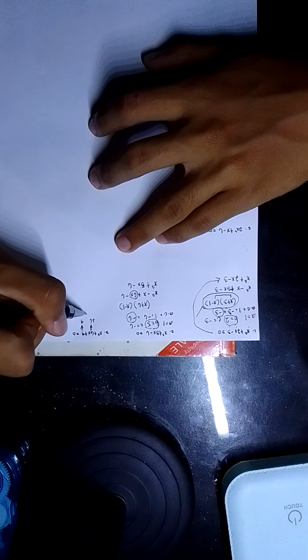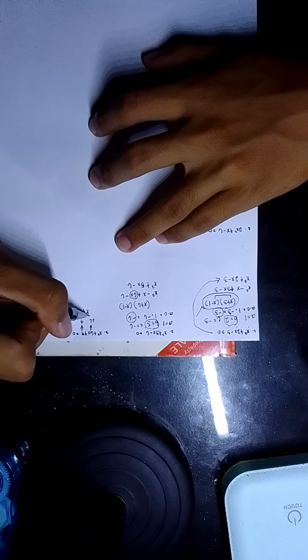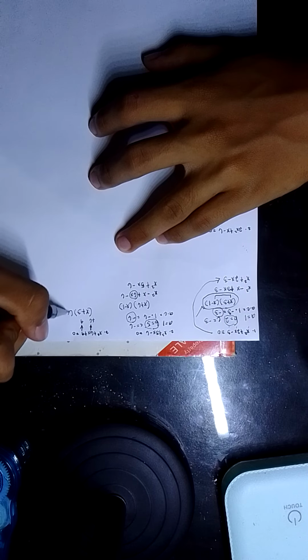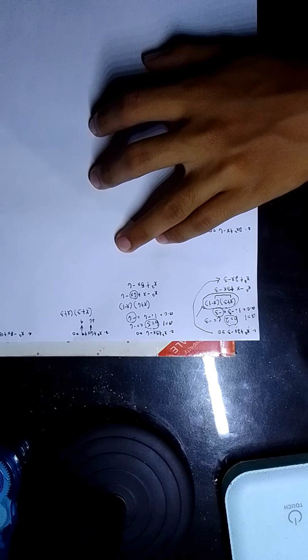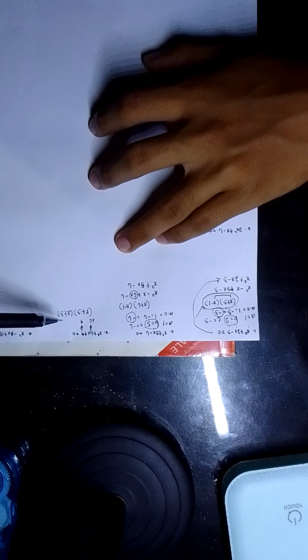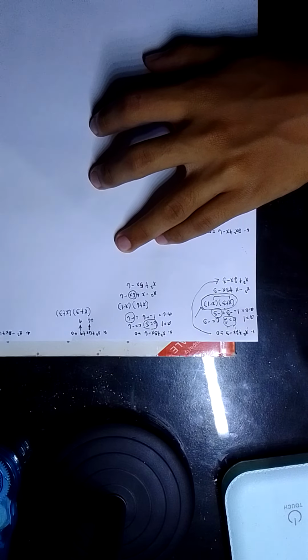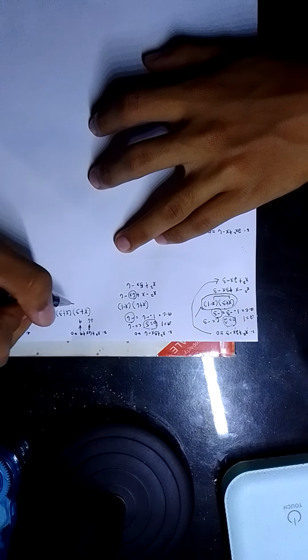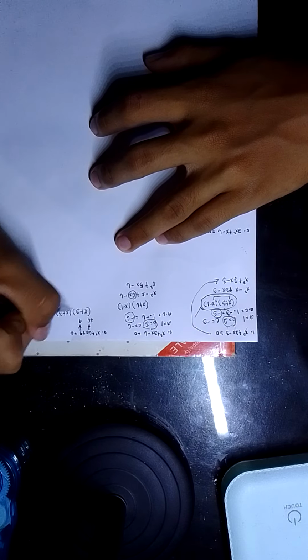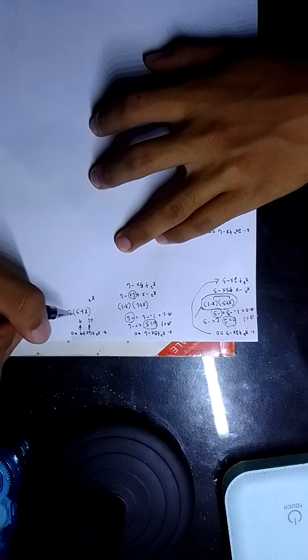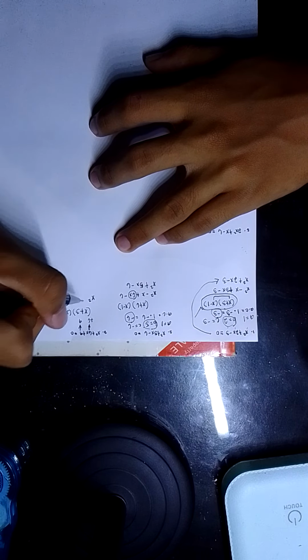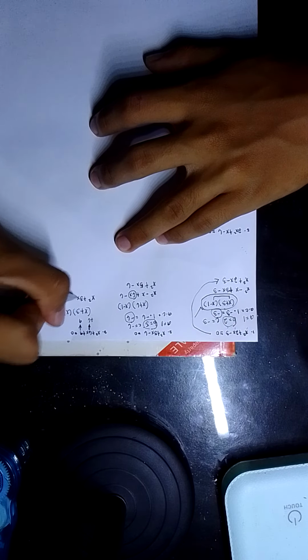Therefore, the answer is x plus 3 times x plus 3. Again, if you're going to add them, we'll have the answer 6. If you're going to multiply them, we'll have the answer 9. It's so very easy. Okay, then let's check if we are correct. x times x is x squared. x times 3 is 3x.